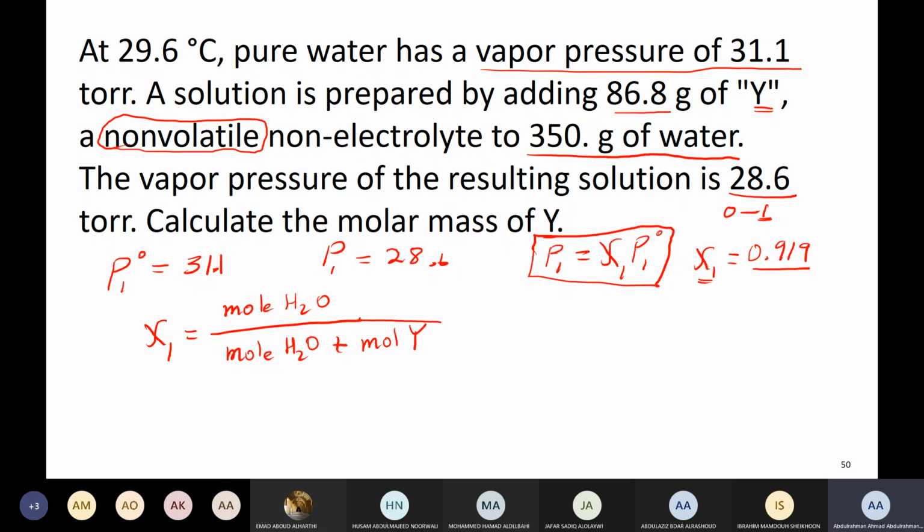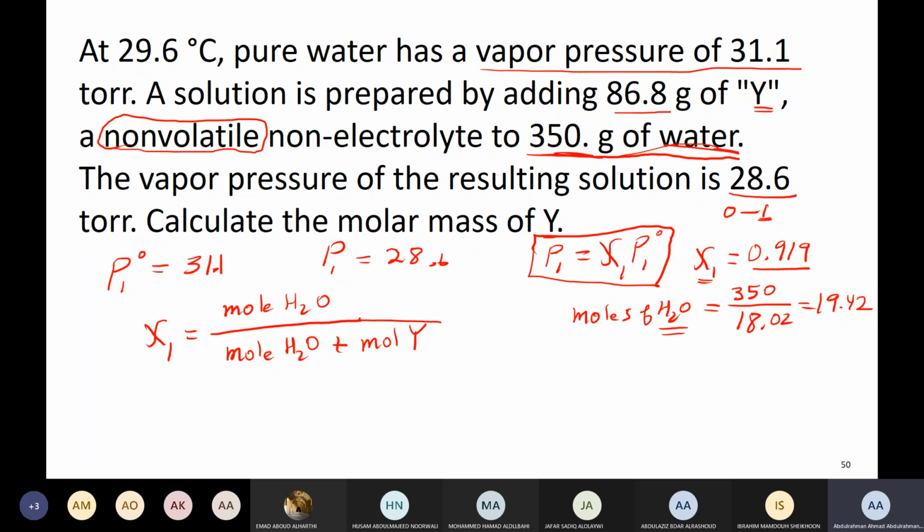So, what's the number of moles of water? Do you know how many moles of water we have? It's 350 divided by what? No, moles of water only. 350 grams of water, so calculate the number of moles. 19.42.